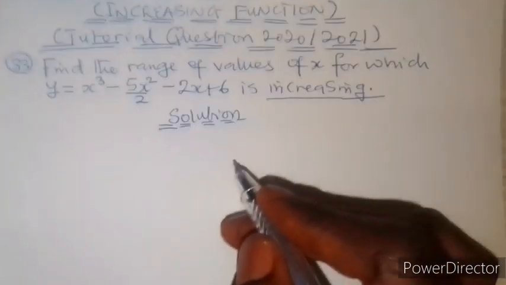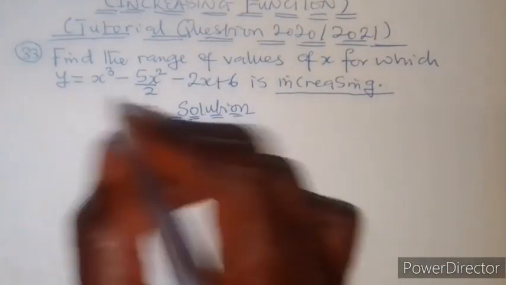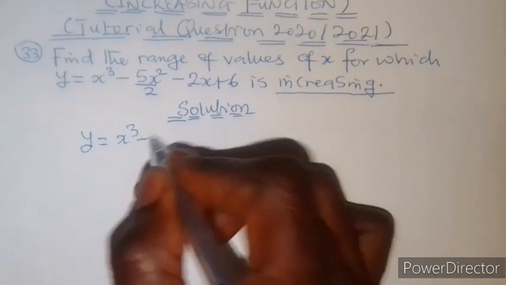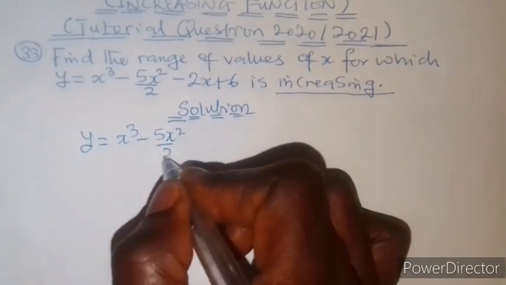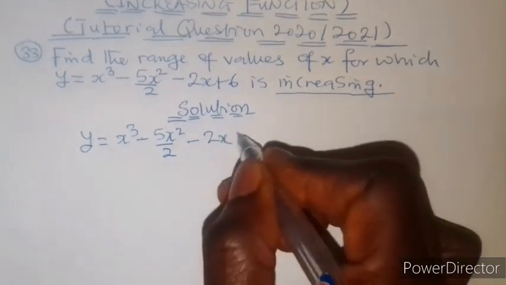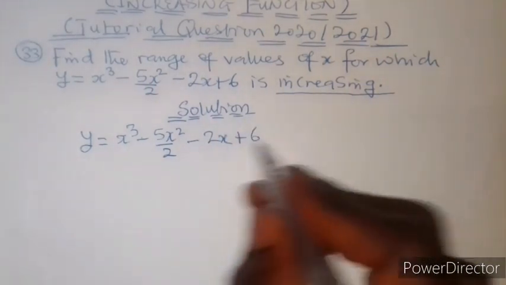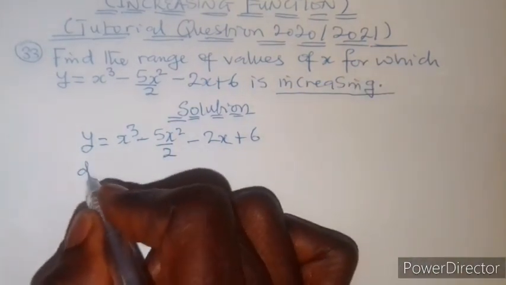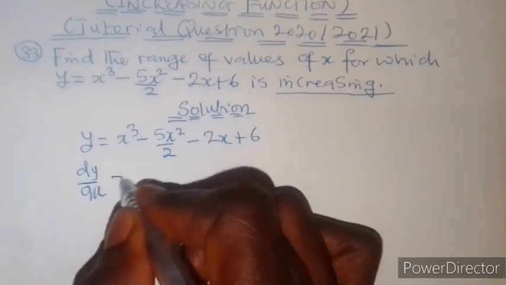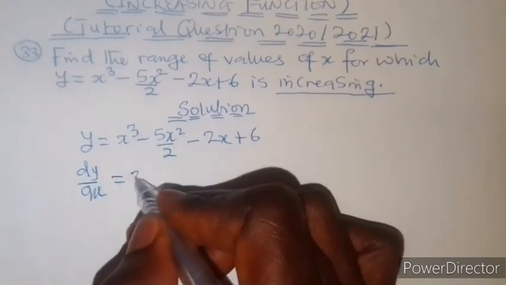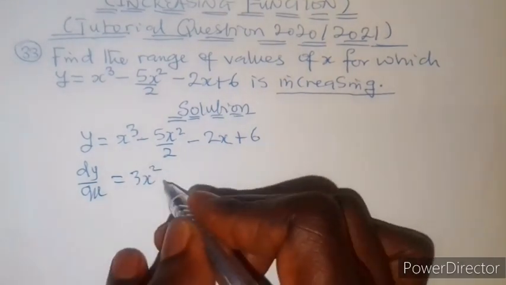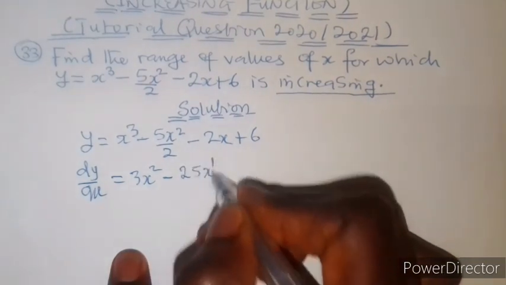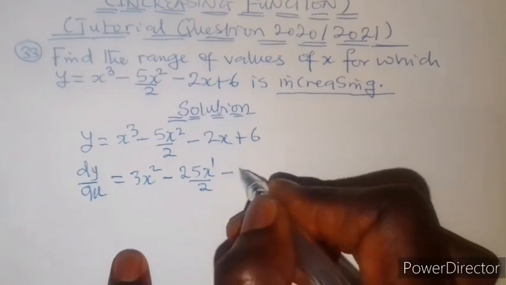So for us to solve this problem, the very first thing we are going to do is to rewrite this, which is y equals x cubed, then minus 5x squared upon 2, then minus 2x, then plus 6. We are going to differentiate this because the function is increasing. Now we have dy/dx equals x cubed becomes 3x squared, then minus, this is a 2 multiplied by 5x power 1 all upon 2, then minus 2.